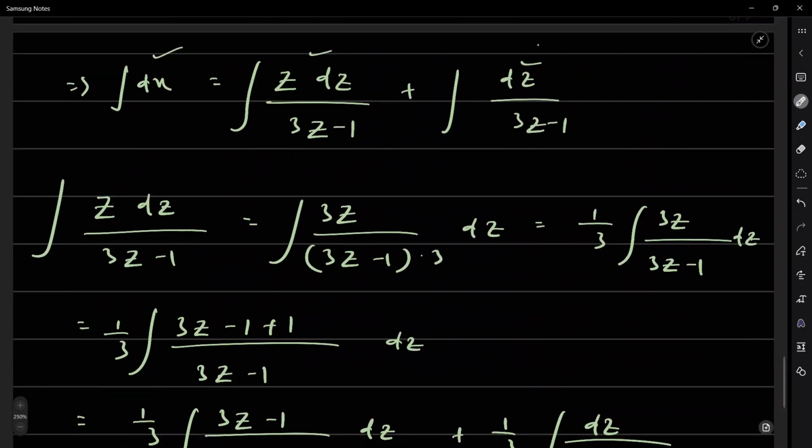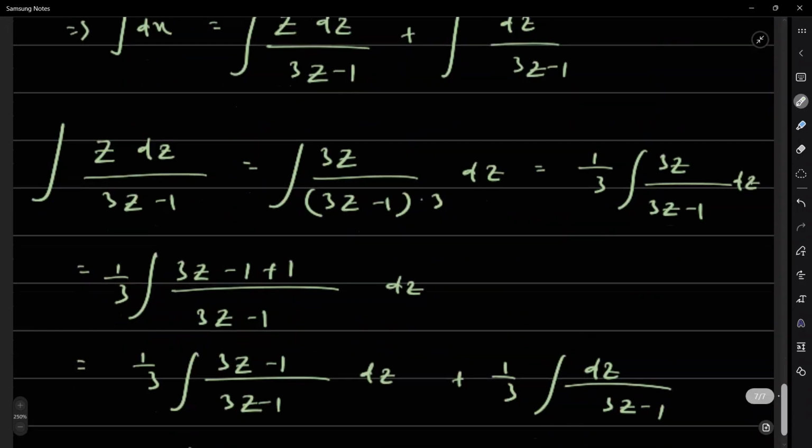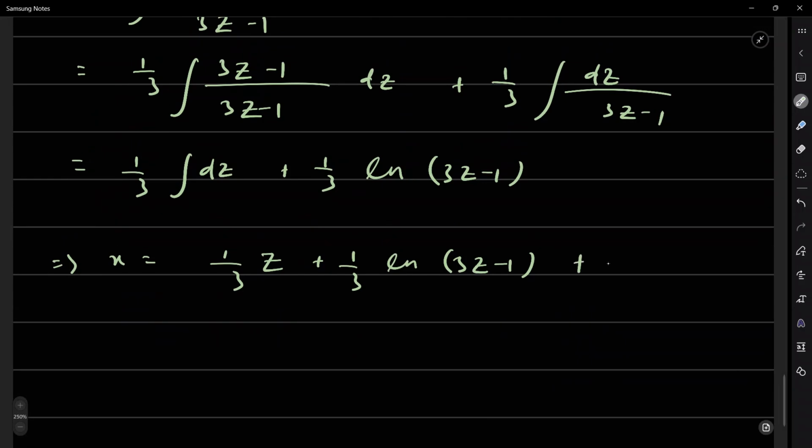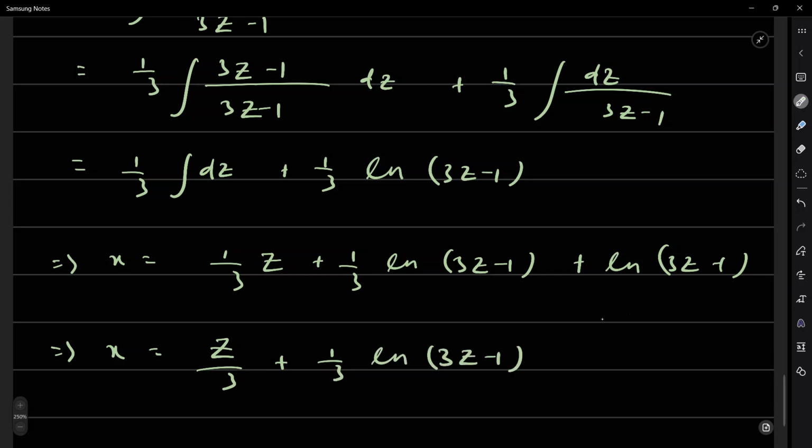This becomes ln 3z minus 1 plus ln 3z minus 1. So small x equal to z by 3 plus 1 by 3 ln 3z minus 1 plus ln 3z minus 1.